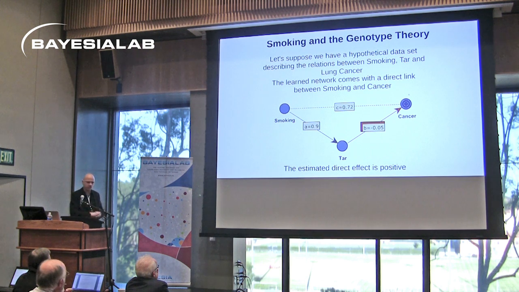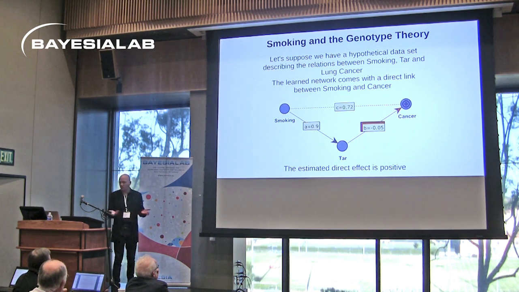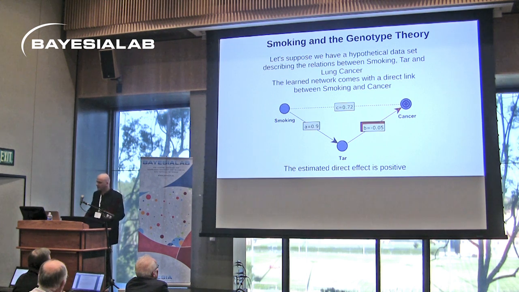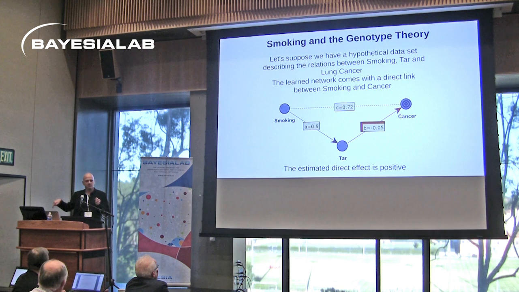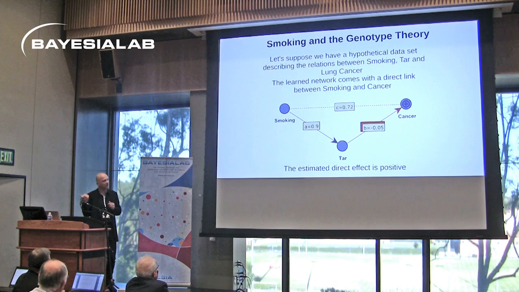This is a genotype, right? So you have some genes. And if you have these genes, so by birth, the first time you will smoke, you will probably like that, right? So you will increase the propensity to smoke. And this is indeed the explanation between smoking and cancer. But there is no direct link between smoking and cancer.